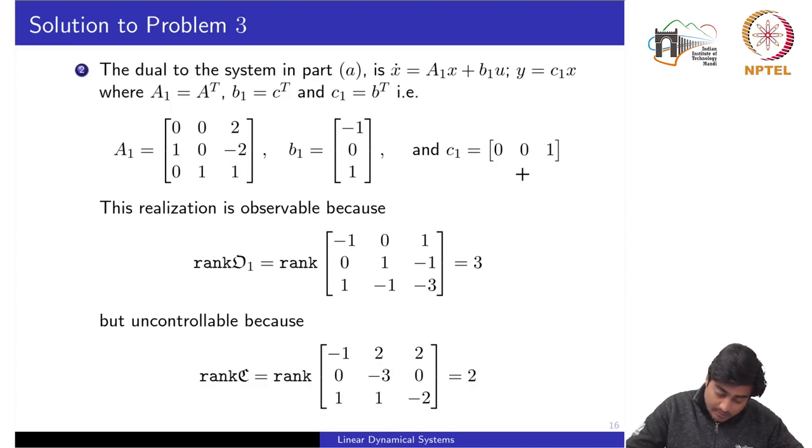So these are the matrices we have obtained. Now if we compute the rank of the observability matrix, it shows that this realization is observable, but again it is not controllable. And this is what the concept of duality implicitly says.